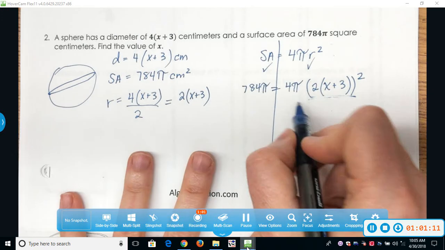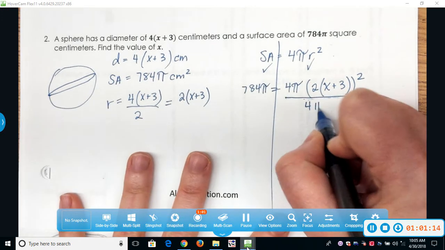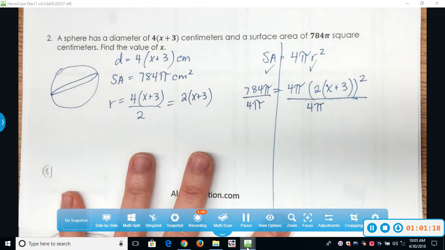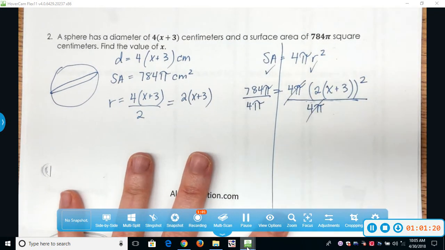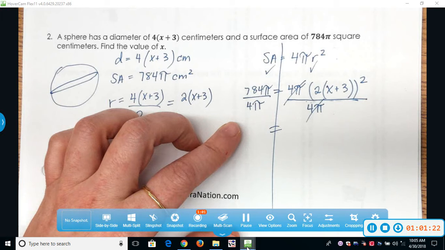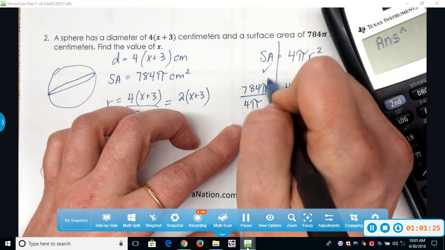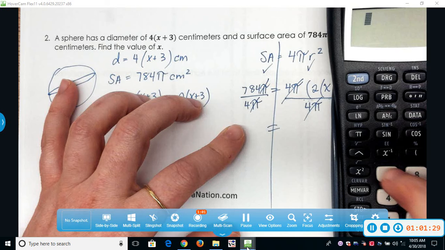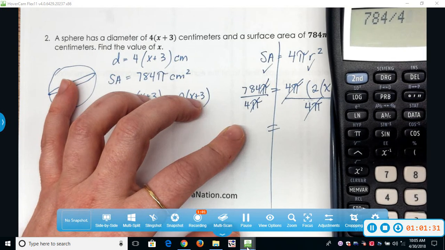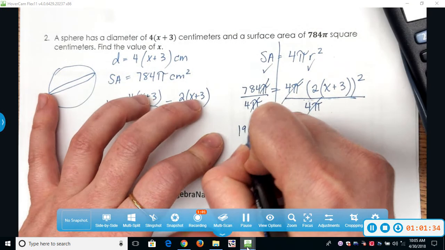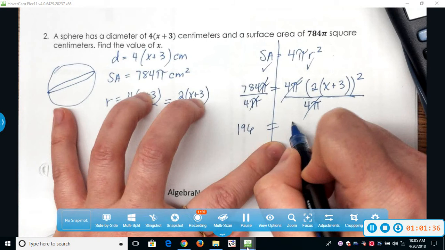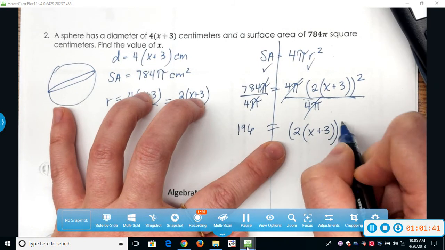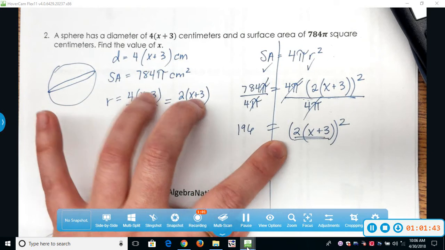All right, so let's get rid of this 4 pi. Divide both sides by 4 pi. When you do that, what's left? The pi's are going to cancel, so I need 784 divided by 4. That leaves me with 196. And then I have 2 times x plus 3. That whole thing is the radius, so I have to square that whole thing.